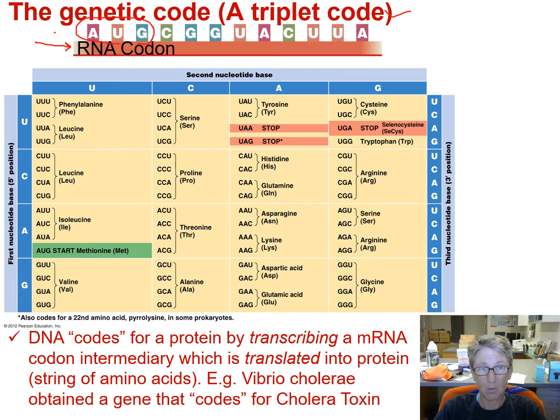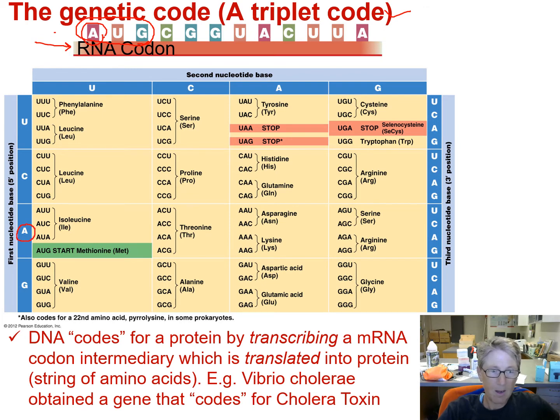So for example, here's the RNA transcript or the RNA codon. This first part is AUG. The first nucleotide is A, so you come over here and find the first letter.